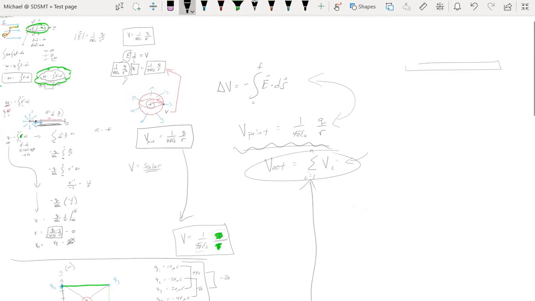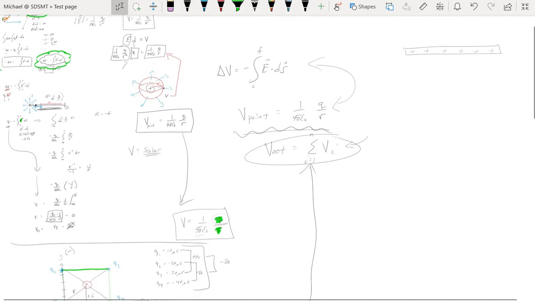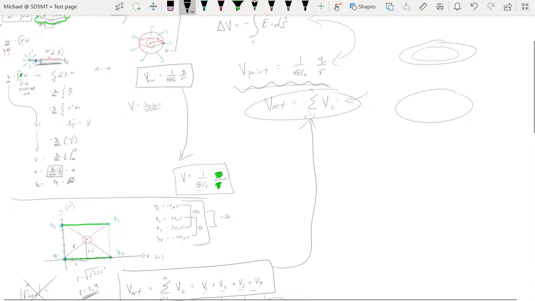And so those distributions of charge that we're going to consider are the same distributions that we saw for electric fields. We're going to look at a line of charge. We'll need to look at a ring of charge. We'll need to look at a disk of charge. We're also going to look at spheres of charge, both conducting and insulating, solid and hollow.